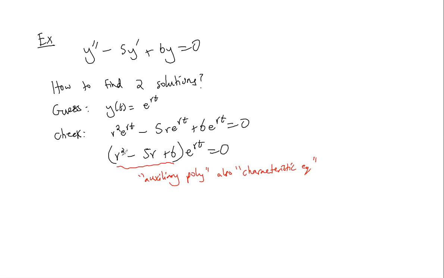The point is, if you want to solve this, you want to find roots of this polynomial, because e to the rt is never 0, which means if this product equals 0, this polynomial has to equal 0. So r squared minus 5r plus 6 equals 0. We find roots of this polynomial: (r minus 3)(r minus 2).